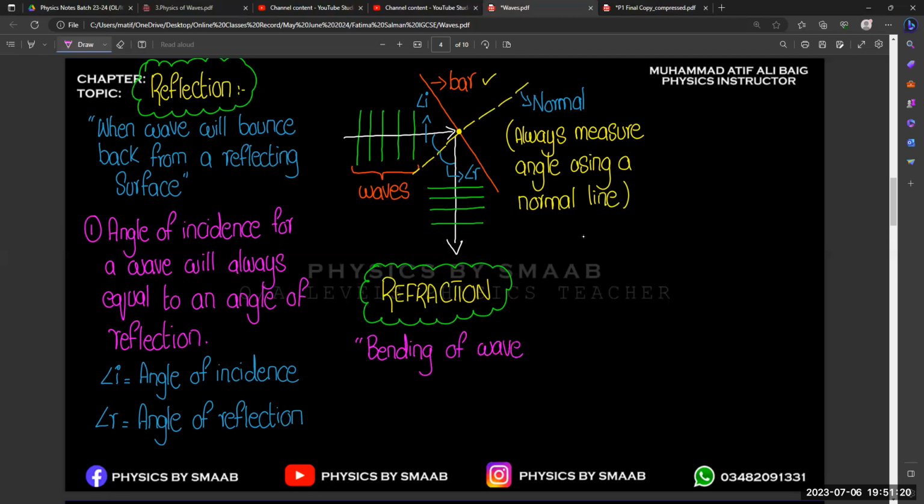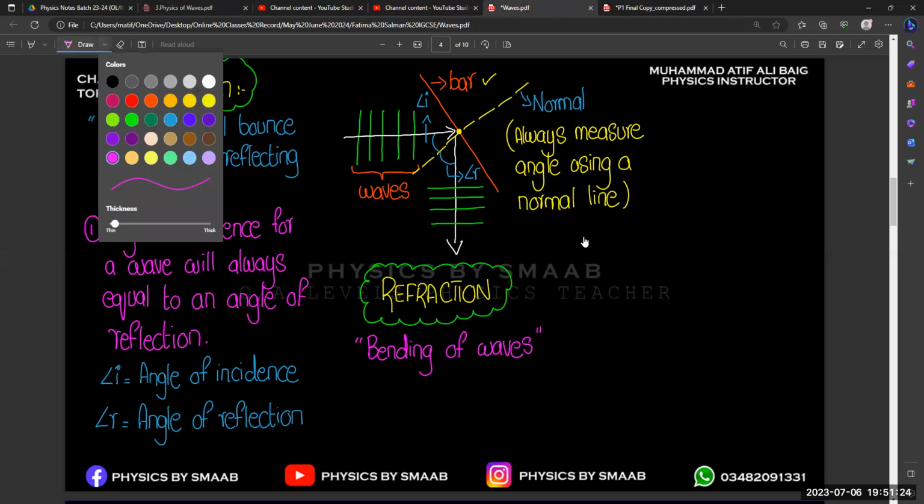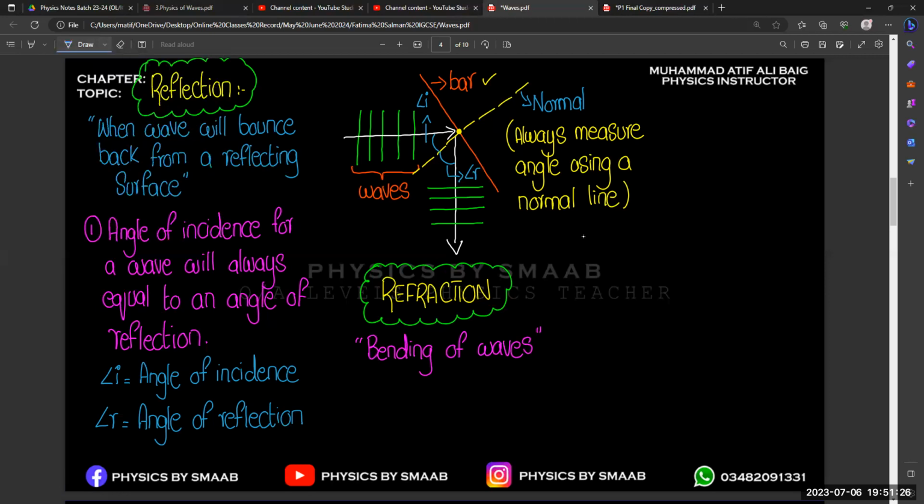Like this, if we talk about the bending of waves, bending of waves means we need two types of medium. First one is a shallow medium, and we need to know about a deep medium.